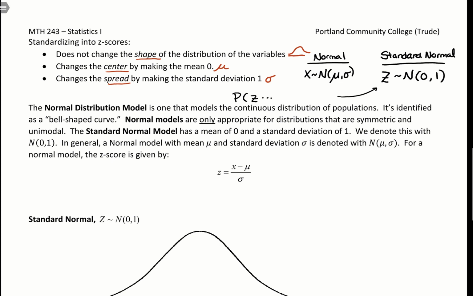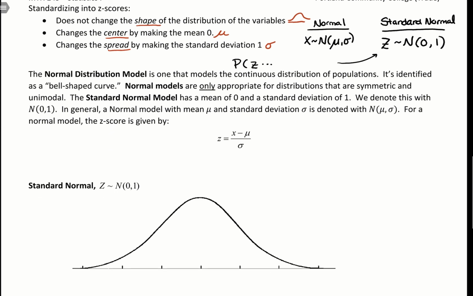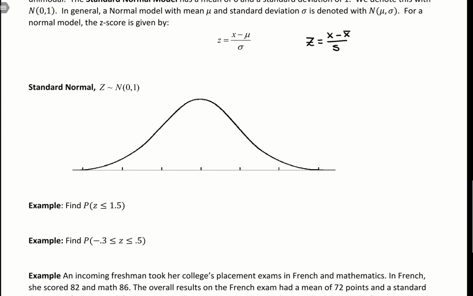Standard normal model has our mean of 0, standard deviation 1. Here's our formula. If you use sample values, it's the same formula, just with mean and standard deviation in terms of sample data. Either way, it's fine. All right, so standard normal, this is what we drew on that other page, but it's always going to have this number line.